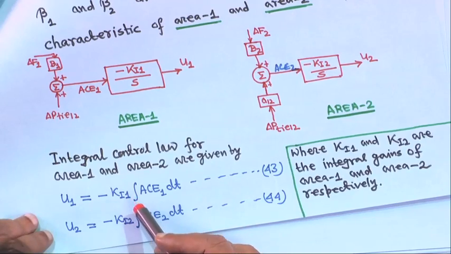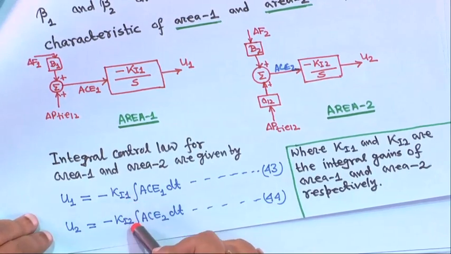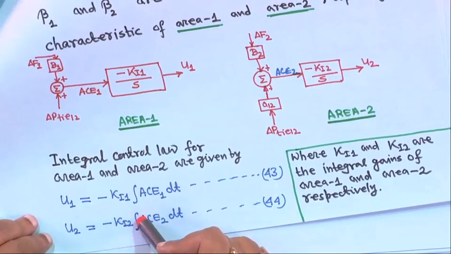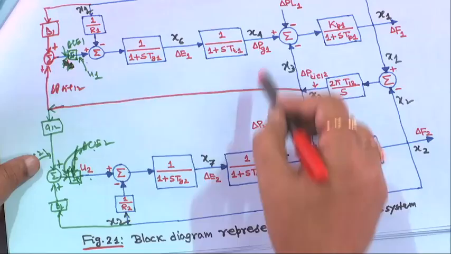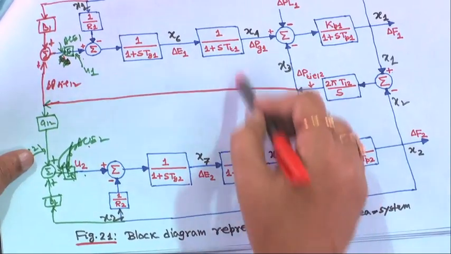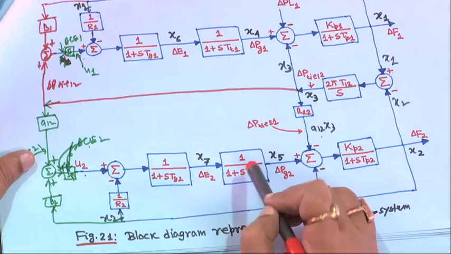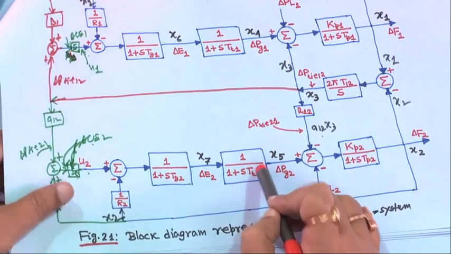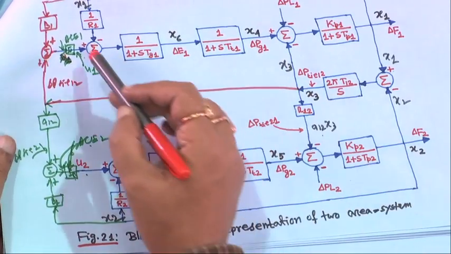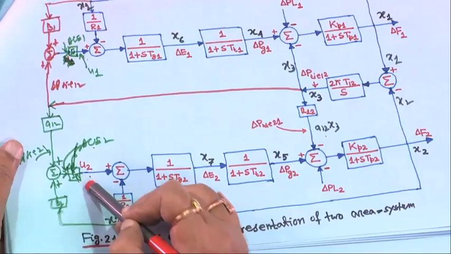Actually, if we take the integral square error technique, then because it is an equal area system, that means both areas have the same rated capacity, with a12 equal to minus 1, the gain settings are also Ki1 equal to Ki2 equal to Ki.